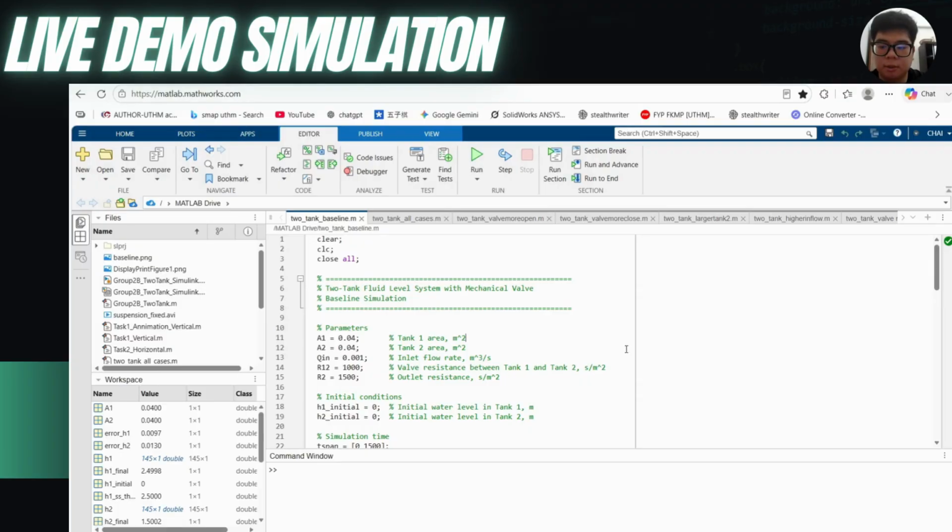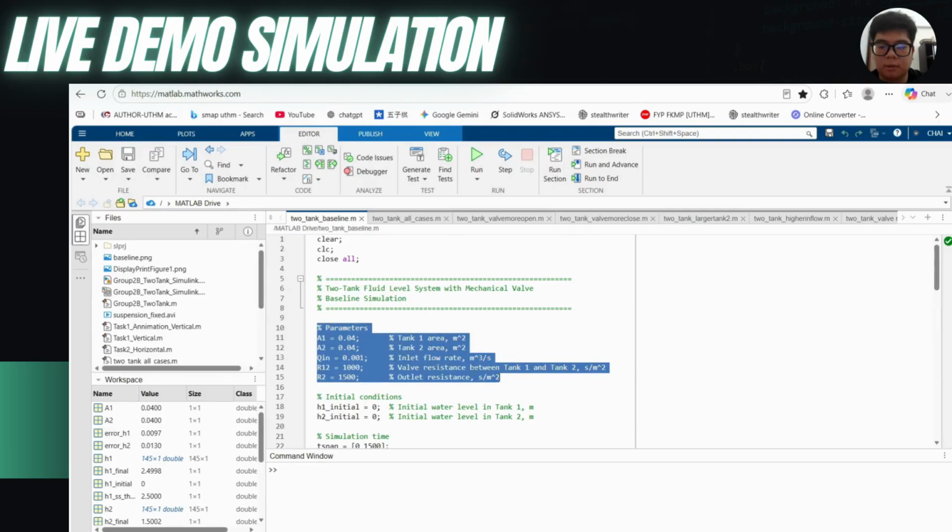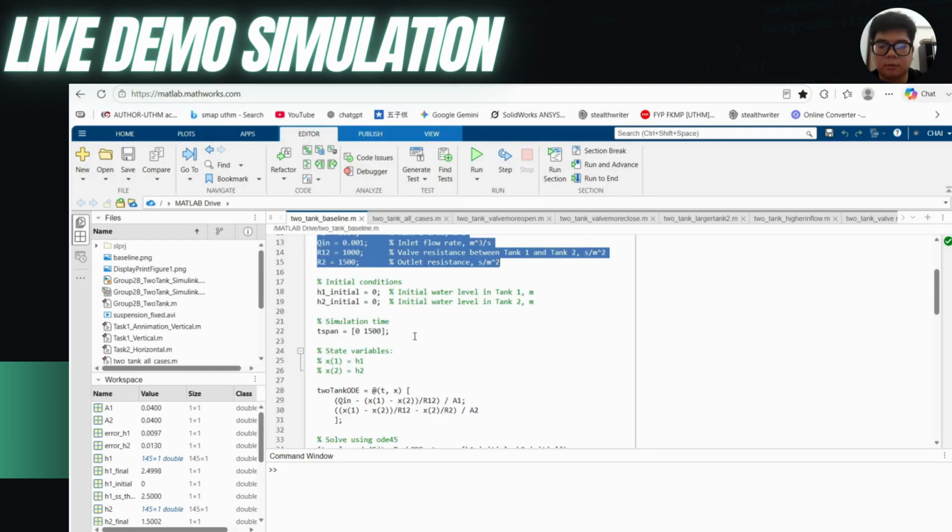So now I explain the MATLAB and Simulink simulation. This is our baseline code in MATLAB, and these are the parameters I define in this system: A1, tank 1 area, A2, tank 2 area, Q in, inlet flow rate, R12, the resistance between tank 1 and tank 2, and R2, the outlet resistance.